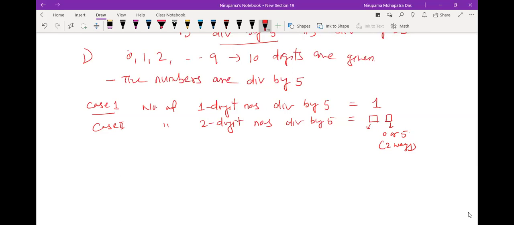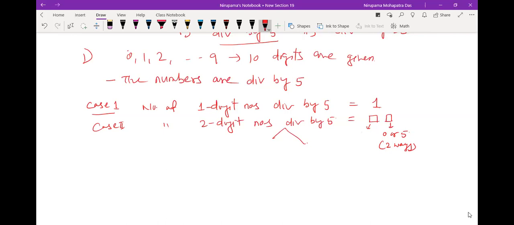You have another 9 here. So this place, how many? You cannot have 0 here. So here also you have two cases, 0 or 5. Anyway, you cannot have 0 in the tens place.